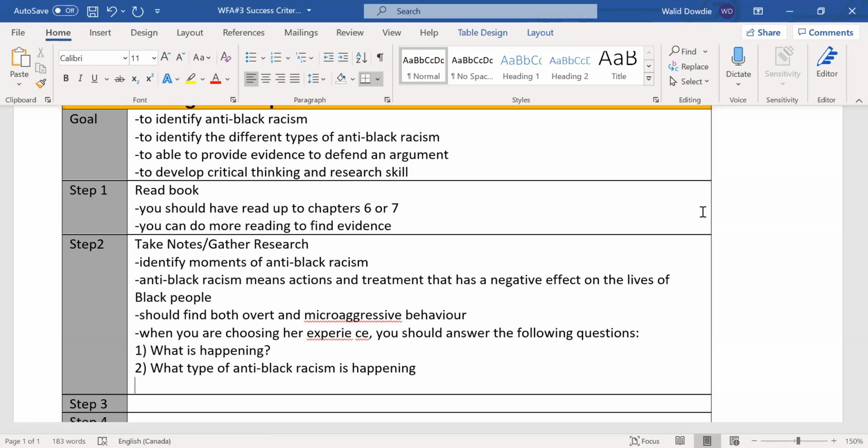Is it overt, which means it's straightforward, direct, in your face? Or is it microaggressive behavior, which is passive comments done time and time again that eventually lead to the person becoming overwhelmed or tired or angry about those constant reminders, those constant little comments made to them?